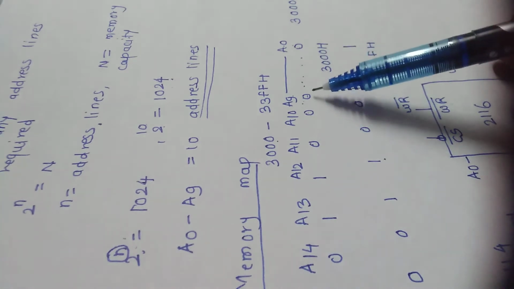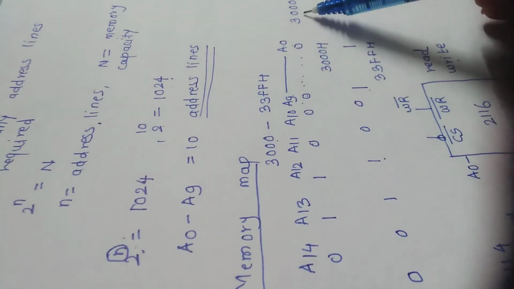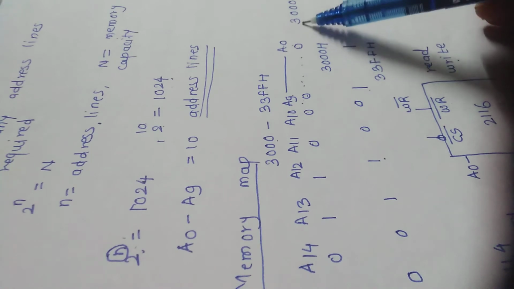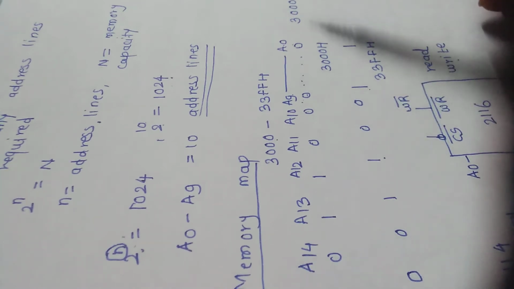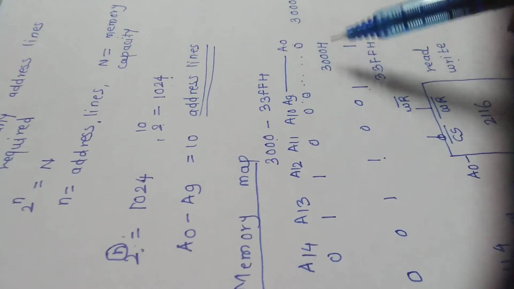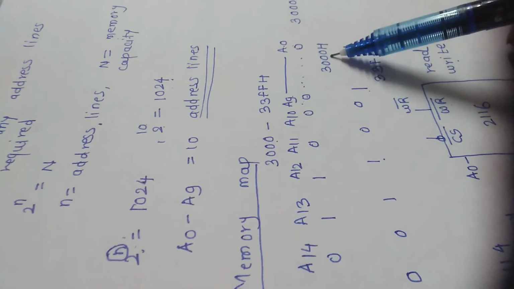Now the addresses are here. 3000 is given in the statement. Therefore, I simply put the binary equivalent of this 3000.